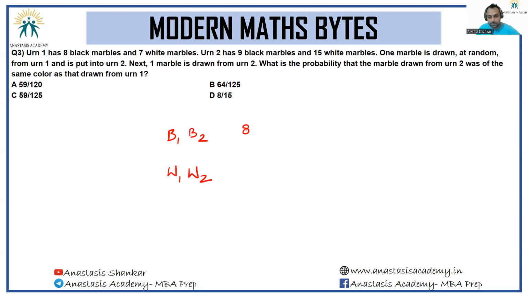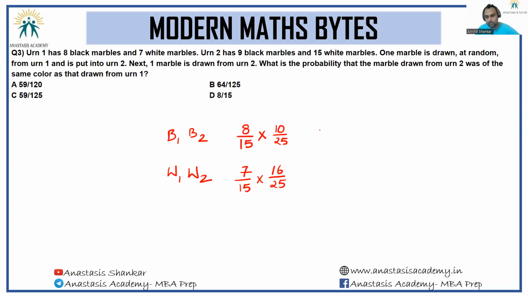So black from urn 1 is 8 by 15 into, now when that black comes here, I will have 10 black marbles out of 25 marbles in urn 2. This is the first case. In the second one, I will have 7 by 15 into 16 by 25.